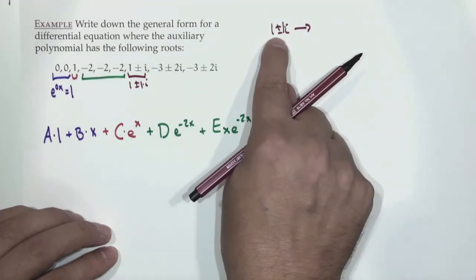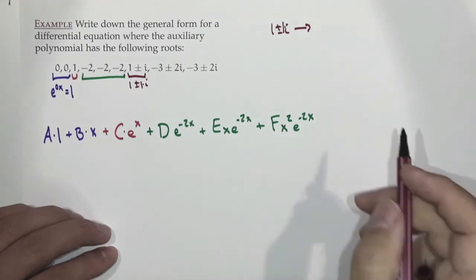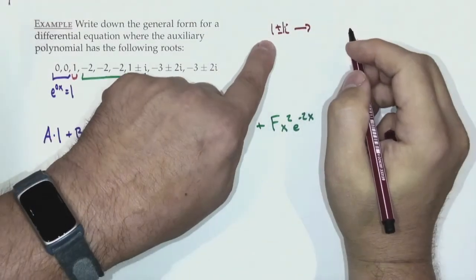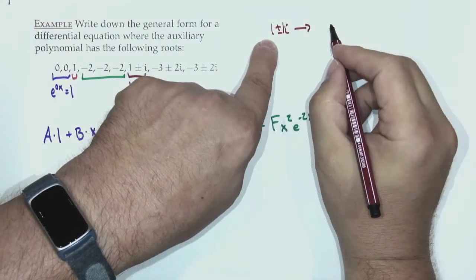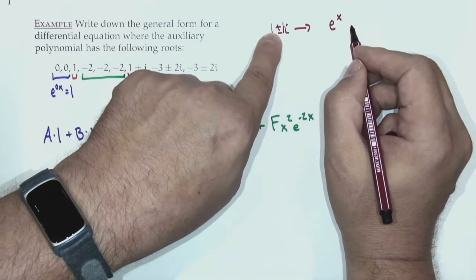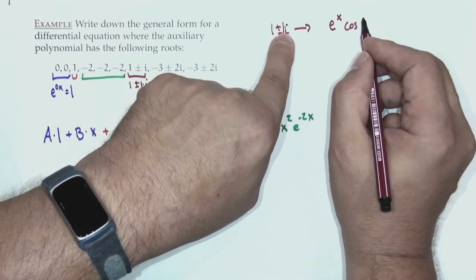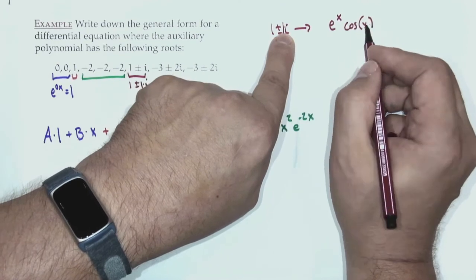Whenever you have complex roots, you'll have a pair of functions involving sine and cosine. The real part is the 1, and that goes into the exponential, e to the x. Cosine, then you look at the imaginary part, x.